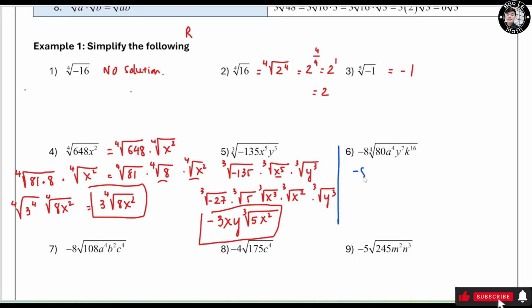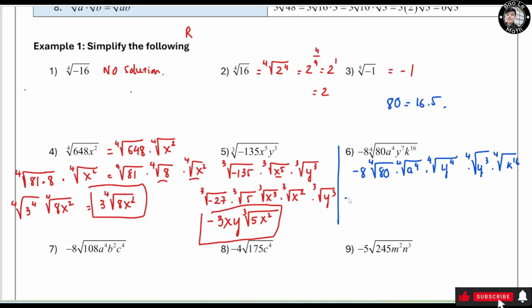You have negative 8 times 4th root of 80 times 4th root of a to the 4 times y to the 7, which can be written as y to the 4 times y cubed, right? So I'm going to have 4th root of this and 4th root of this, times 4th root of k to the 16, right? Now 80 can be written as 16 times 5, right?